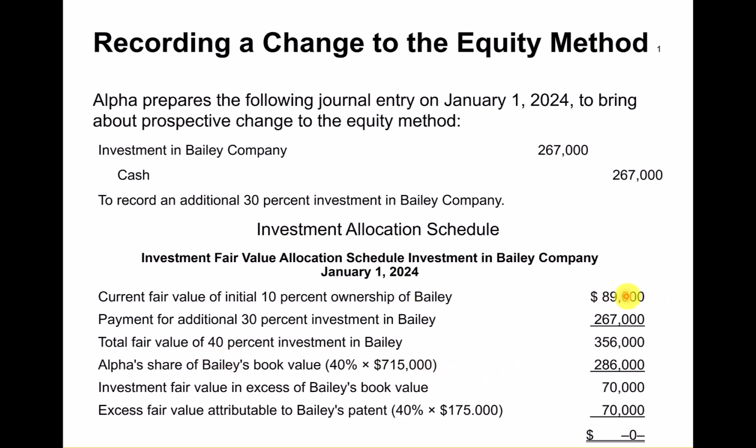So here's our initial 10% interest at cost, plus the $5,000 more adjustment for last year's investment income. And here's the cost we just recorded up here, increasing the investment to get our 40% interest at the beginning of the year. But what is the book value of that 40% interest? Again, let's go back to that table.